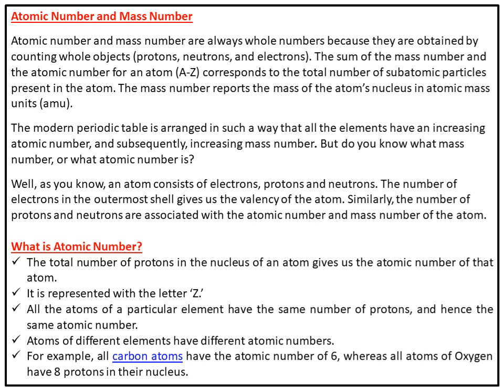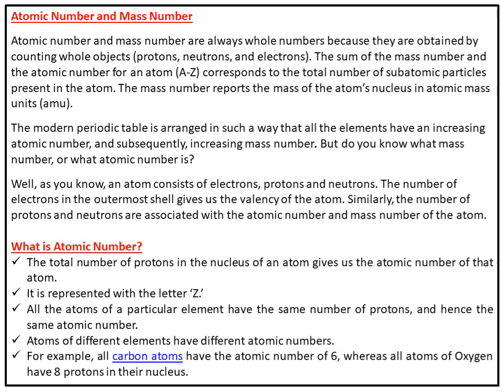I am repeating again. The number of positive charges present in the nucleus of an atom is known as its atomic number. Since the atom is electrically neutral, atomic number Z is equal to number of protons is equal to number of electrons.